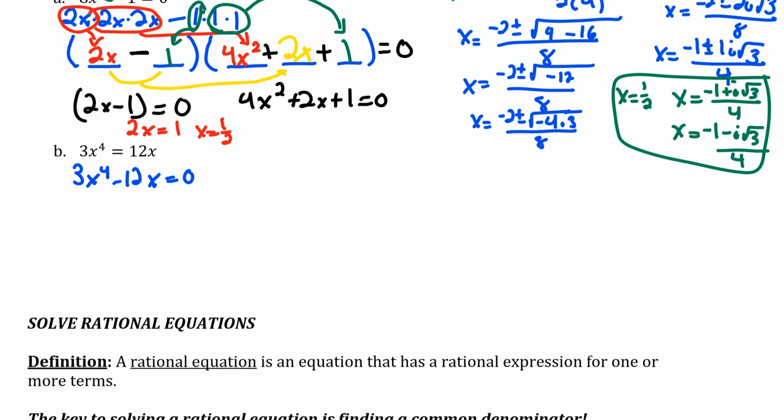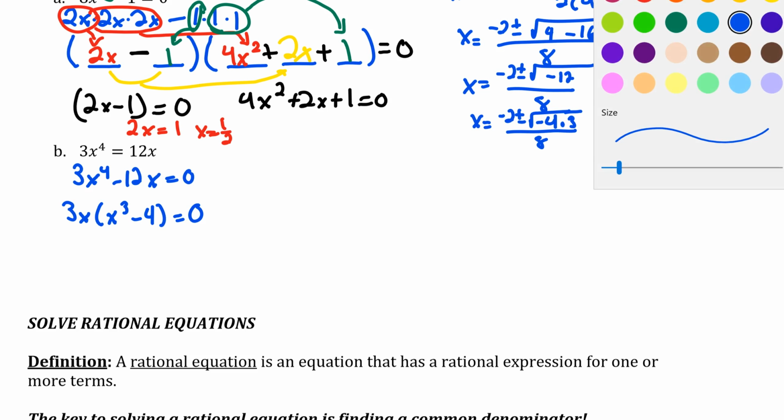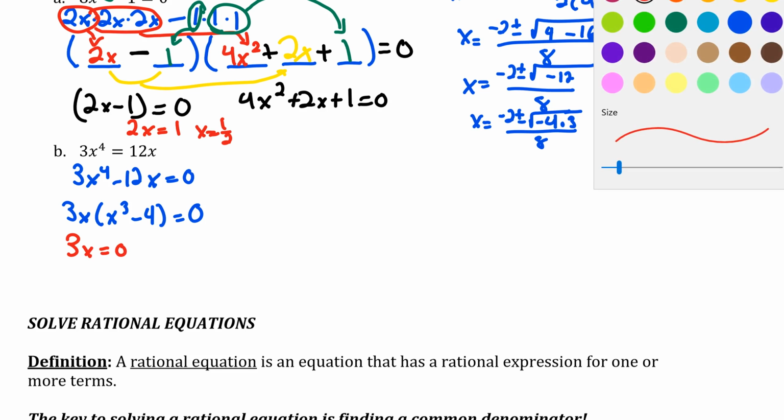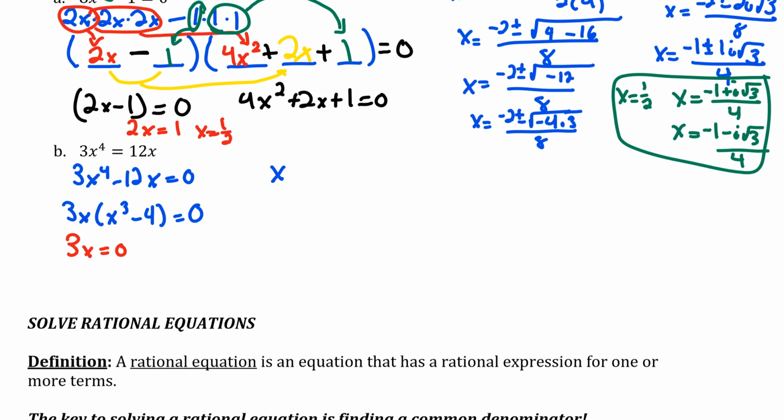I can take out a GCF of 3x, leaving me with x to the 3rd minus 4 is equal to 0. Now I'm going to set each one of these equal to 0, so 3x is equal to 0, and x to the 3rd minus 4 is equal to 0. Well, 3x equals 0, divide by 3, I get x is equal to 0.